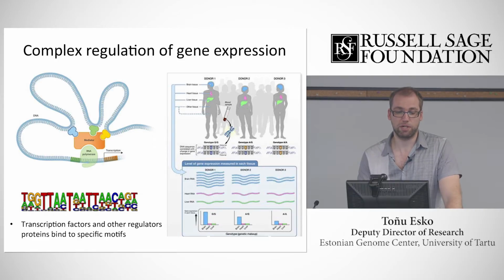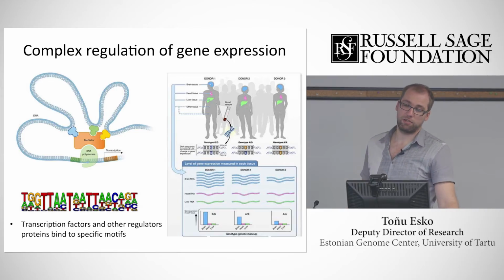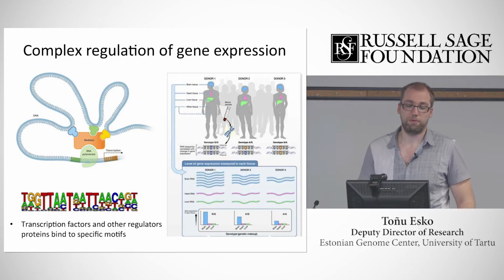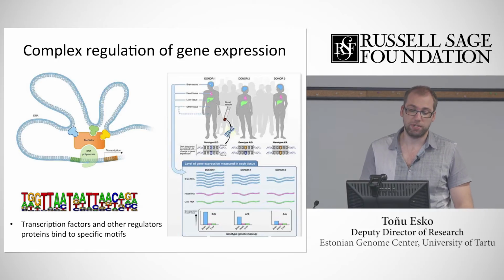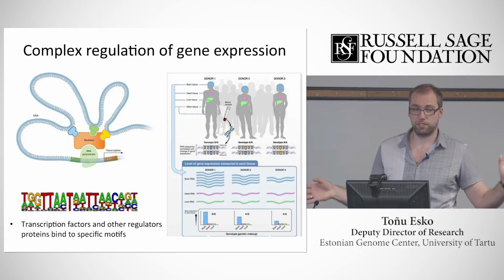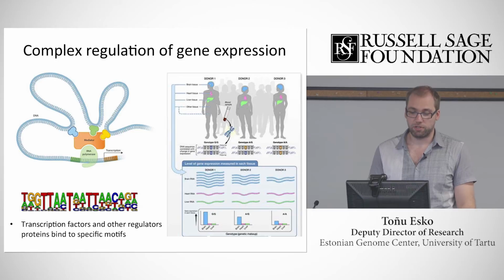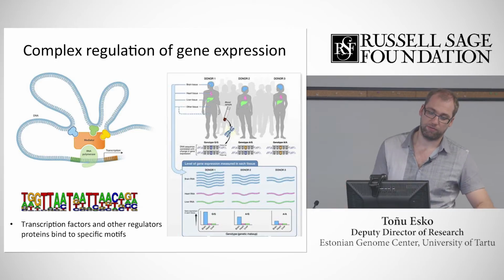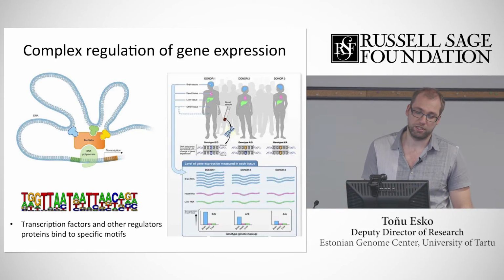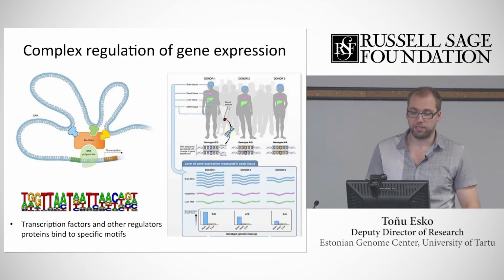But there are also regulators for the gene expression that are far away, tens or hundreds of thousands of base pairs, that may also affect the expression of a gene that is far away. Usually they are within the same haploblock. So all the regulatory sequence within one haploblock can affect one gene's expression.